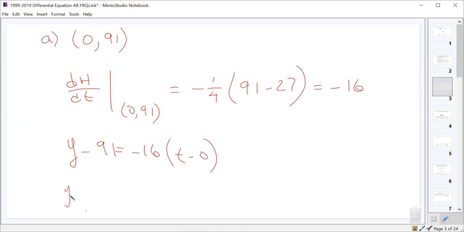So we plug in 3. y minus 91 equals negative 16 times 3. That's negative 48. Negative 48 plus 91 should be 43. Right? Pretty straightforward, I hope. Okay. Wonderful. Anybody at home have an issue with that?